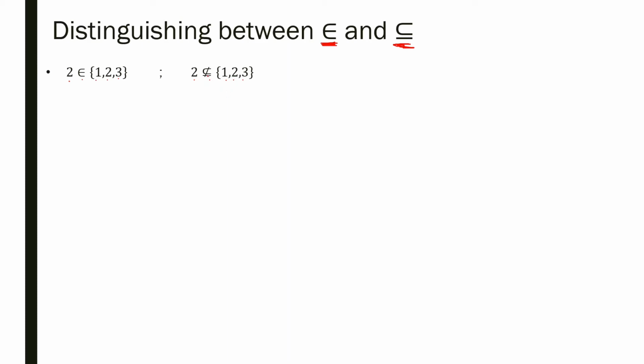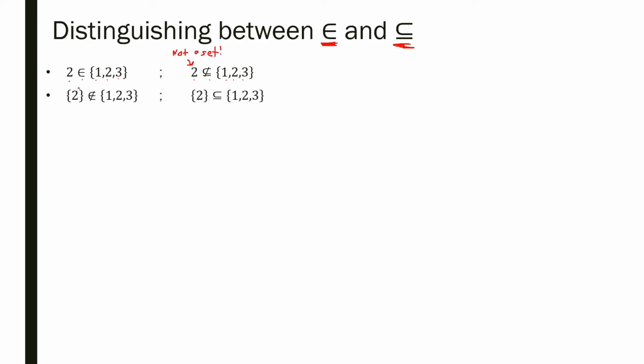Why? Because 2 itself isn't a set. To use subset notation, both things have to be sets. So since 2 is not even a set, it can't even use this subset notation.